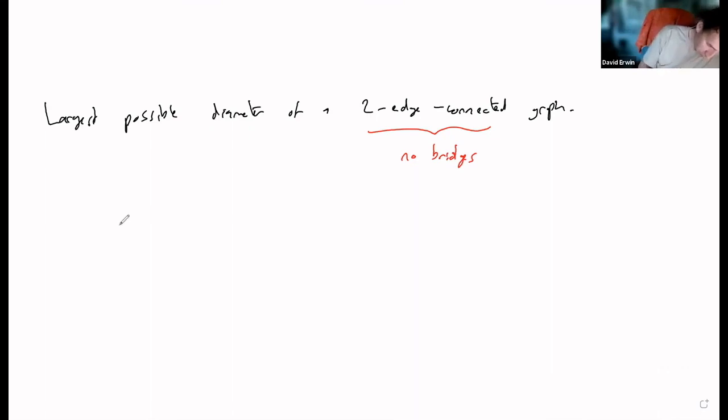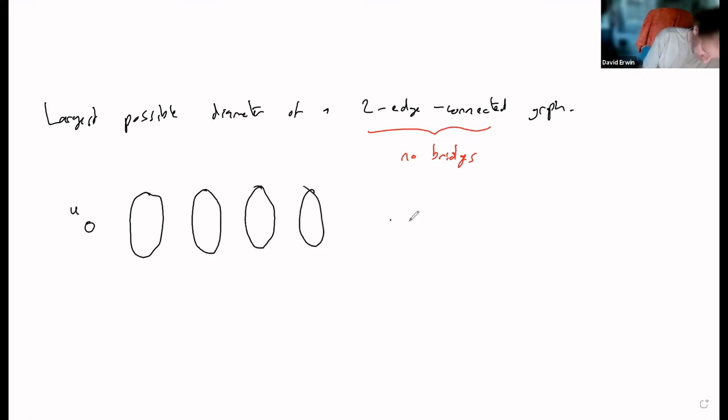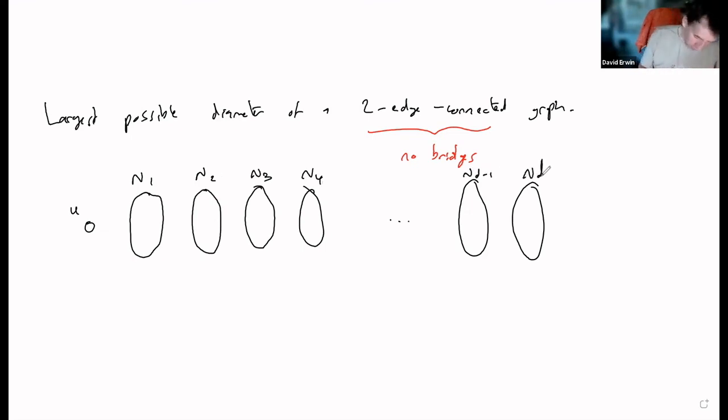So what one can do is take a vertex of maximum eccentricity. Let's call this U, and look at all of the distance layers as you go out from U. This is following Peter's notation: N1, N2, N3, N4, up to N_{D-1} and N_D, where D is the diameter of the graph.